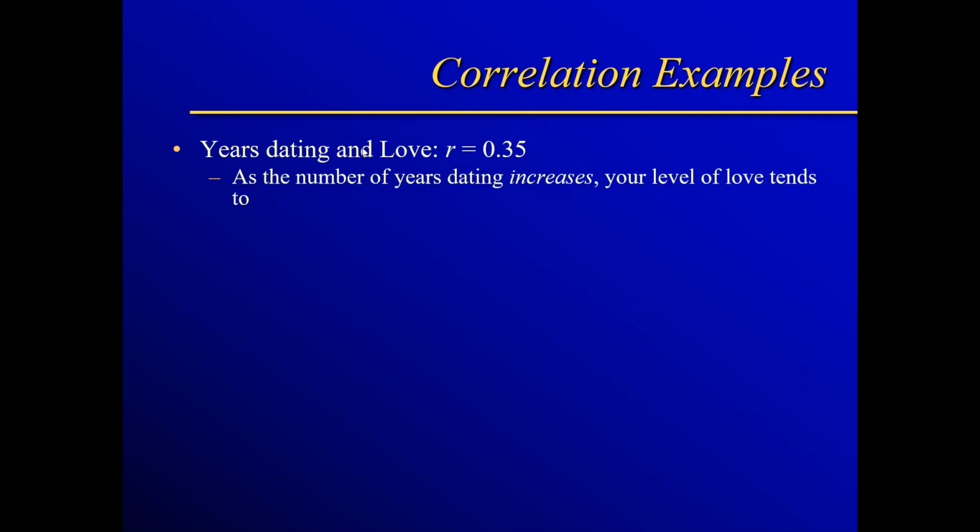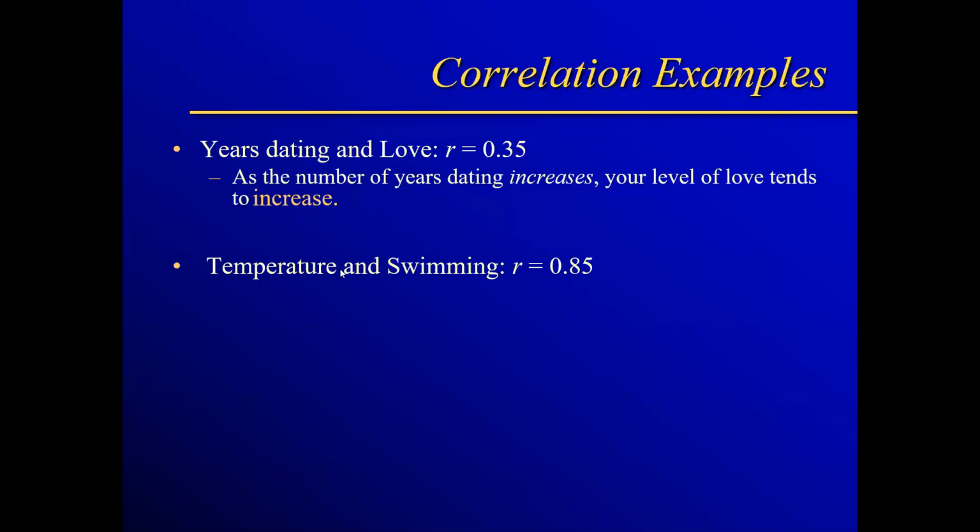So if we run a correlation between two variables, how long someone's been dating someone and how much they love that person, and we get an R value of 0.35, we know that it's a positive correlation between these two variables because it's a positive number. So as the number of years dating increases, your level of love tends to increase as well, right? Positive correlation.